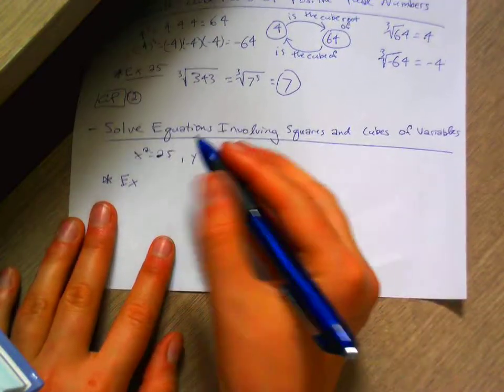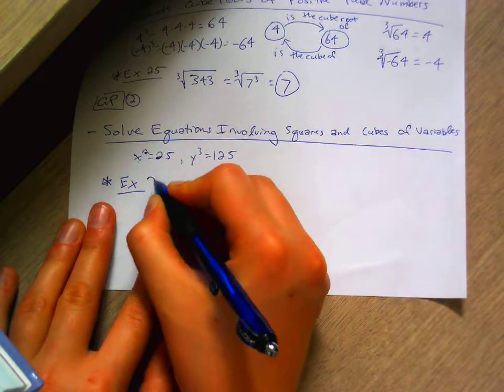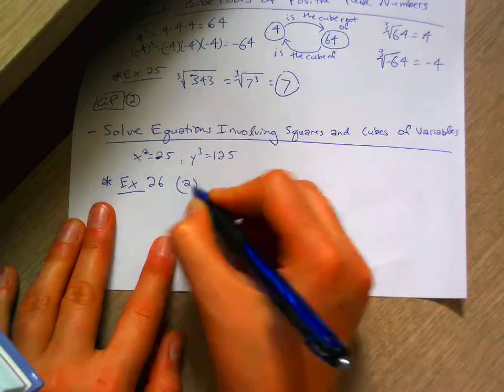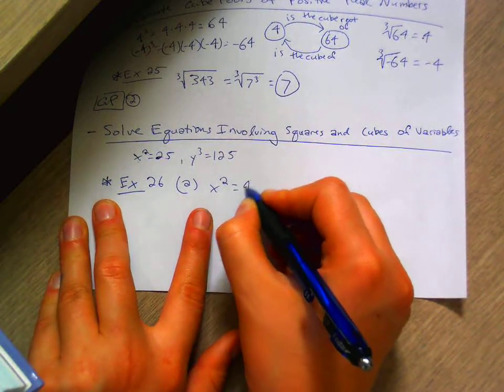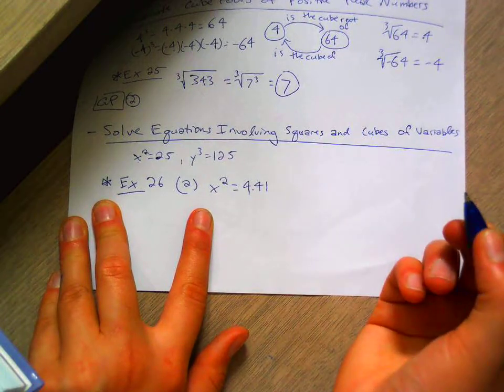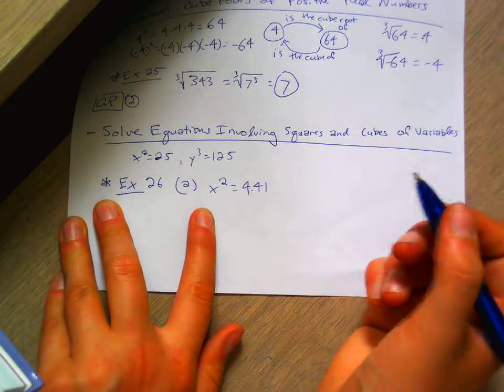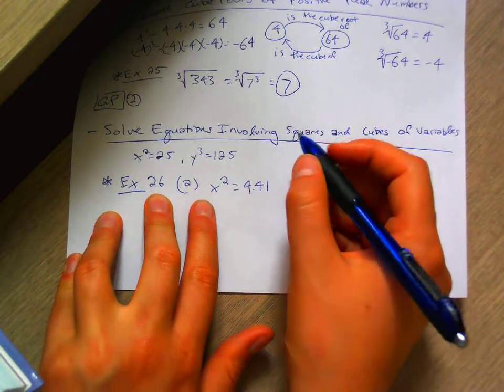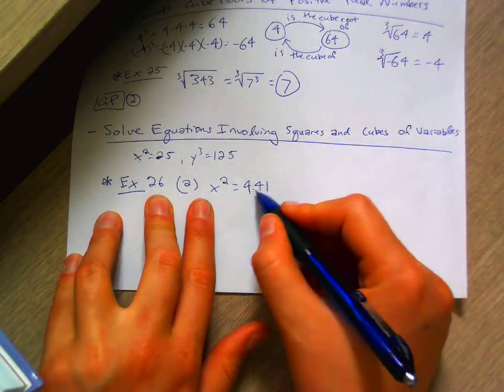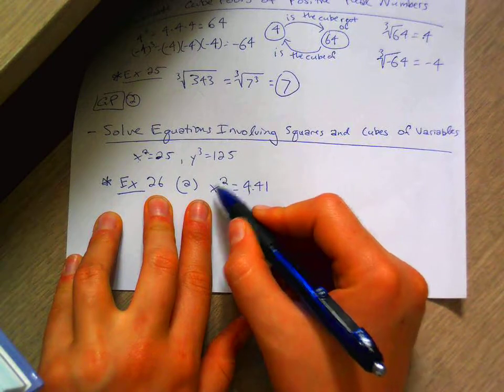Here is our example, 26. So for A, if we want to find out what x is, we know x squared is 4.41. What we can do is figure out how to make this side also be squared, just like this side is.